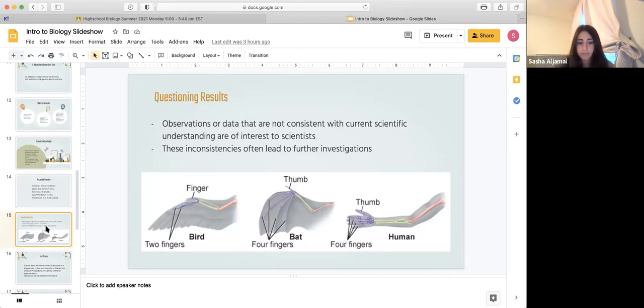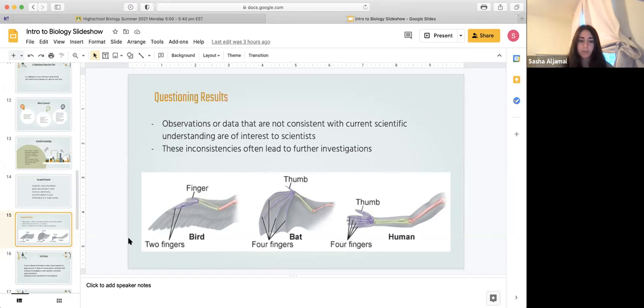For example, you can see in the picture below that the bird has two fingers, and I think that might be a thumb, but it says finger. But then the bat has four fingers and a thumb, and humans have four fingers and a thumb. So you can see the inconsistency between the hand and the wings of each animal.